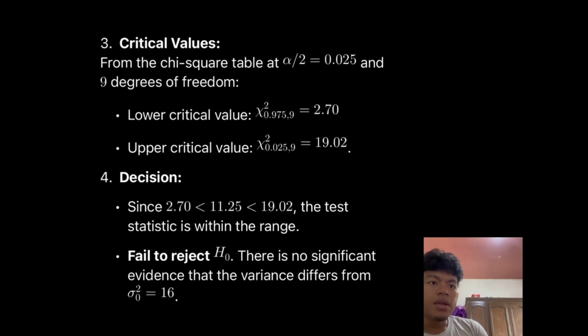Critical values from the chi-squared table at 0.025 and 9 degrees of freedom: the lower critical value is 2.70 and the upper critical value is 19.02.